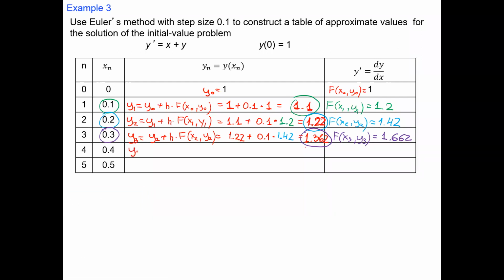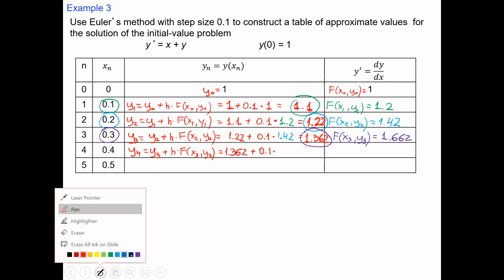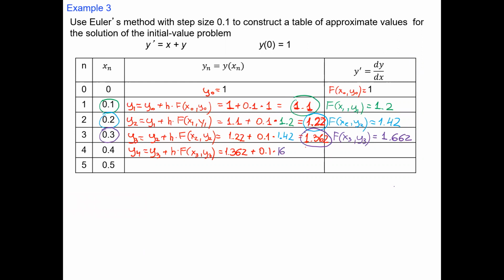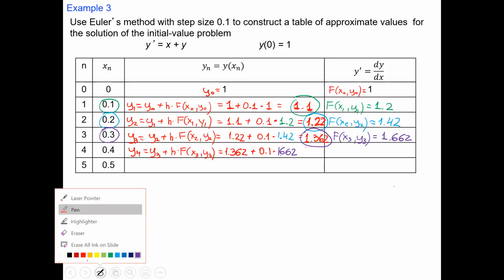Okay, y sub 4 is defined as y sub 3 plus the step size times the slope at the point x3, y3. This one is 1.362 plus 0.1 times the purple, 1.662. Oh, another arithmetic.